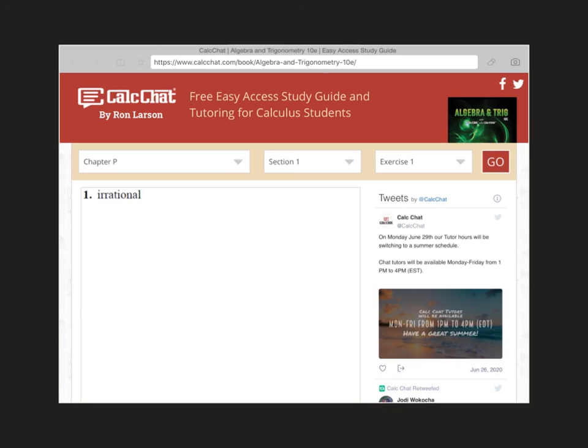So we're on chapter P, section 4 now. If I wanted to check the answer for number 7, I would just click onto exercise 7 and click go, and it's going to give you your answer. Obviously, I want you to do these. I don't want you to just go get your answers. That defeats the whole purpose of practicing the math. But you want to be checking your odd answers so that you can make sure what you're doing is correct, okay?